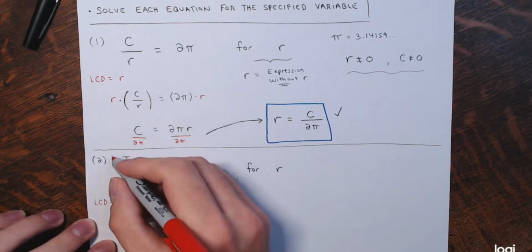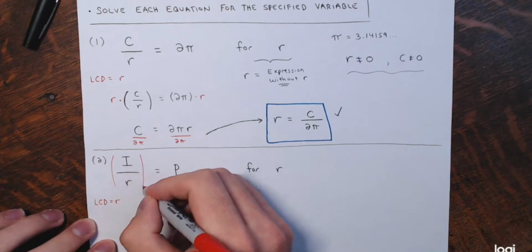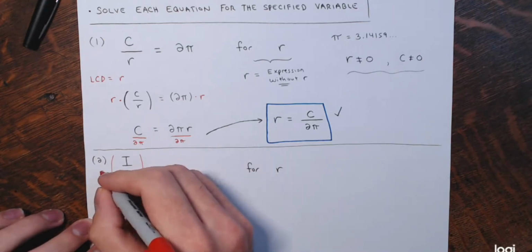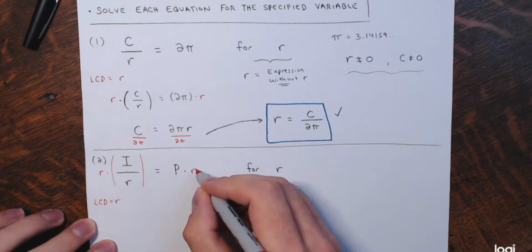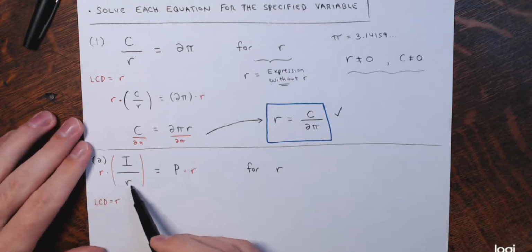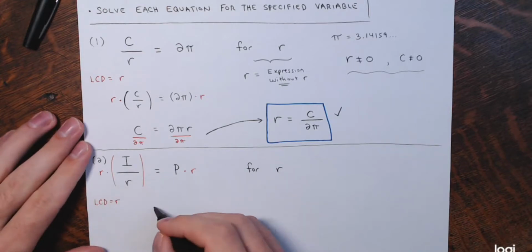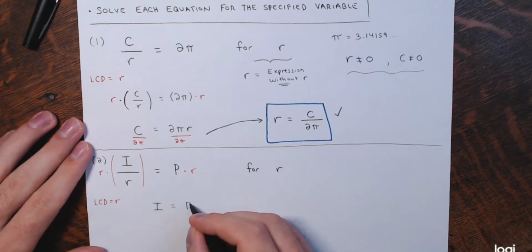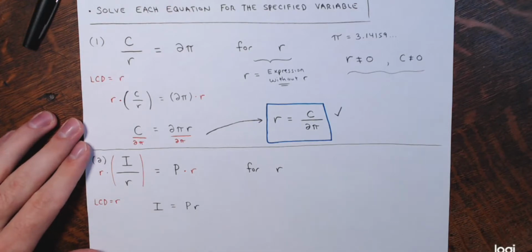So I'm going to multiply both sides of the equation by this LCD. The whole reason for doing that is so we clear denominators away. Now the left side is just I, because the r is canceled, and the right side is p times r, or just pr.